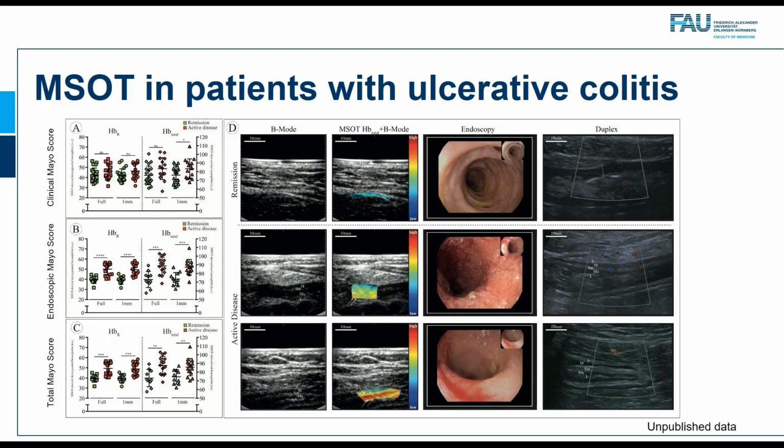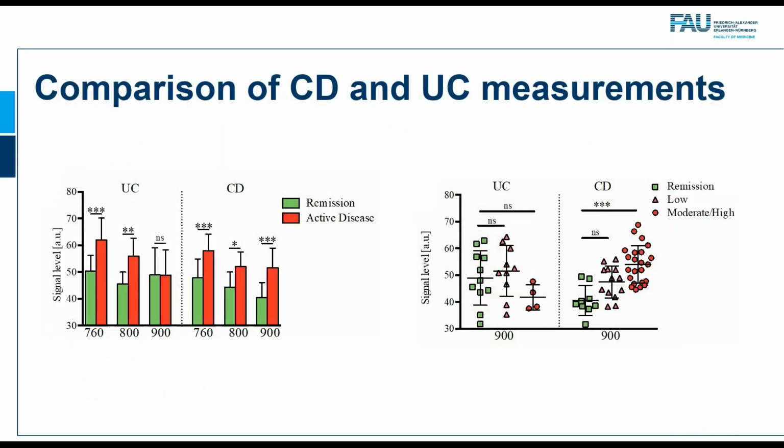score, in contrast to Crohn's disease, where we could only see really significant differences when we correlated optoacoustic imaging with endoscopy and not with the clinical scoring based on HBI. What really surprised us was that there are certain differences between both forms of disease.